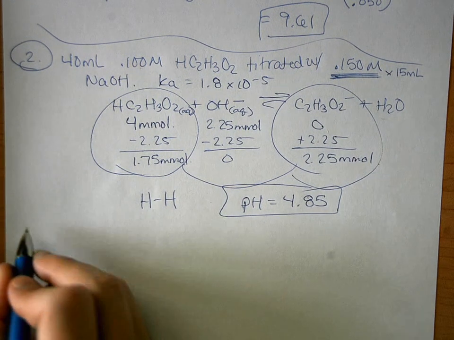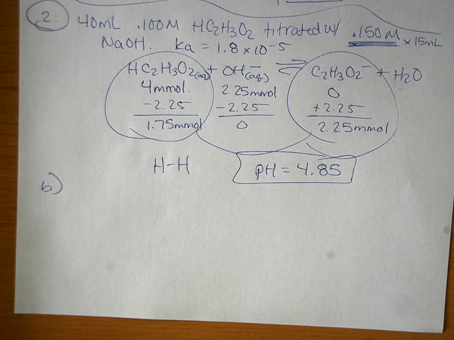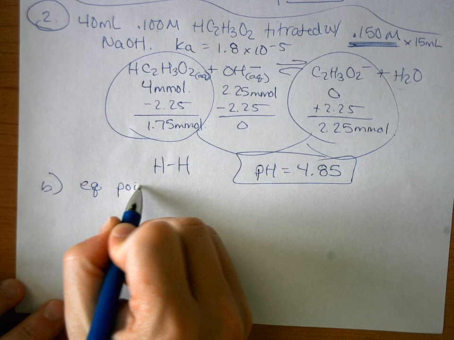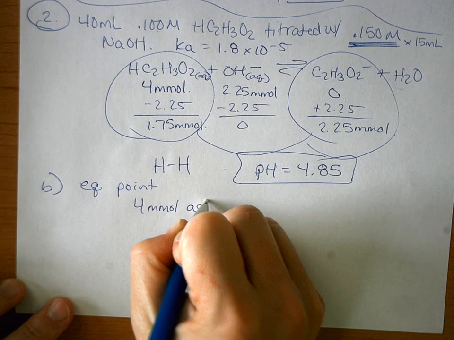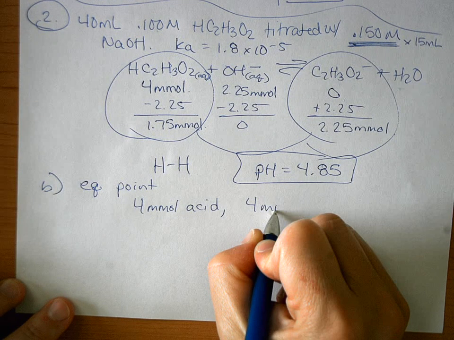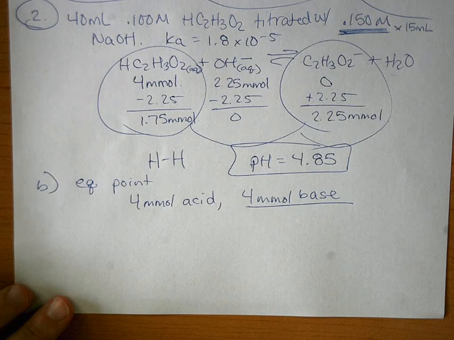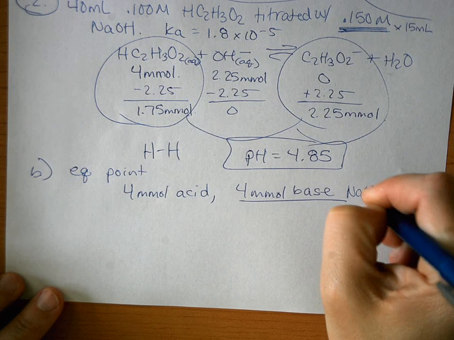All right, for B, what is it asking for? B is asking for the volume of sodium hydroxide used in the titration in order to reach the equivalence point. So at the equivalence point, you just need to know by definition that if you have 4 millimoles of acid, then you also need to have 4 millimoles of the base. So that means I'm going to have 4 millimoles of sodium hydroxide.